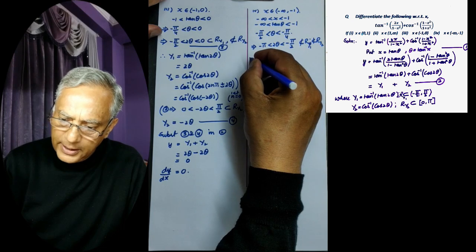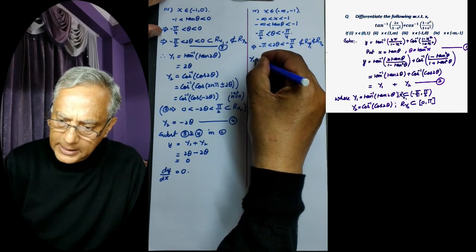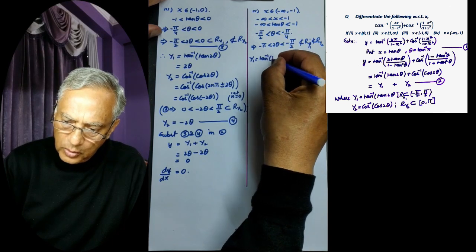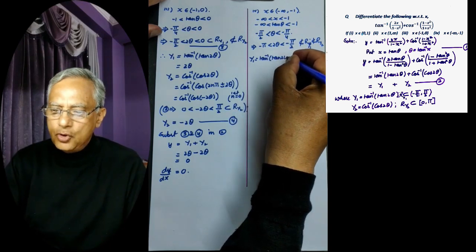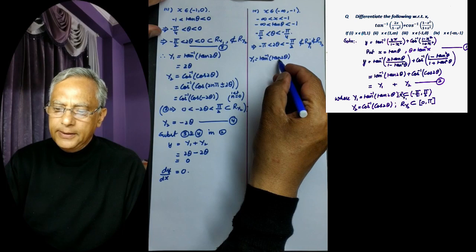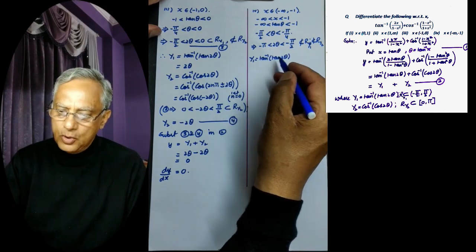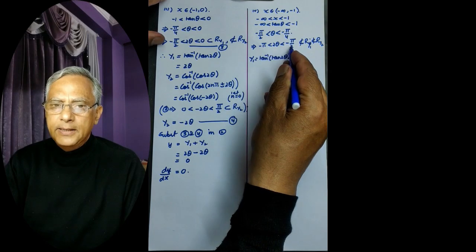we write y1 is equal to tan inverse tangent of 2 theta. But 2 theta is not in the range of this. Range is a subset of minus pi by 2 to pi by 2. Therefore, this is not within the range.